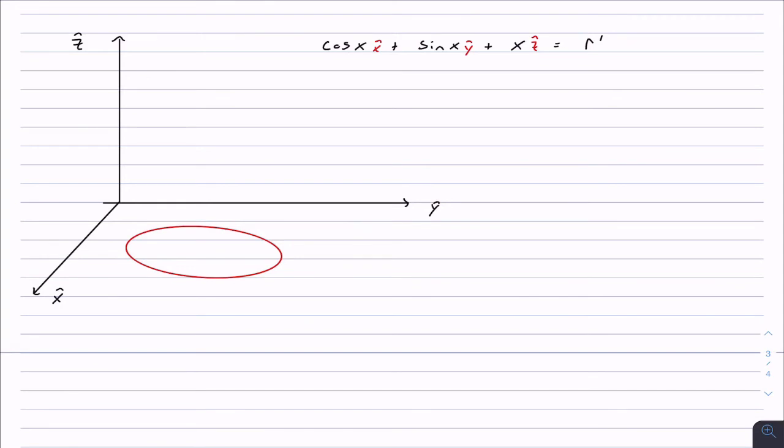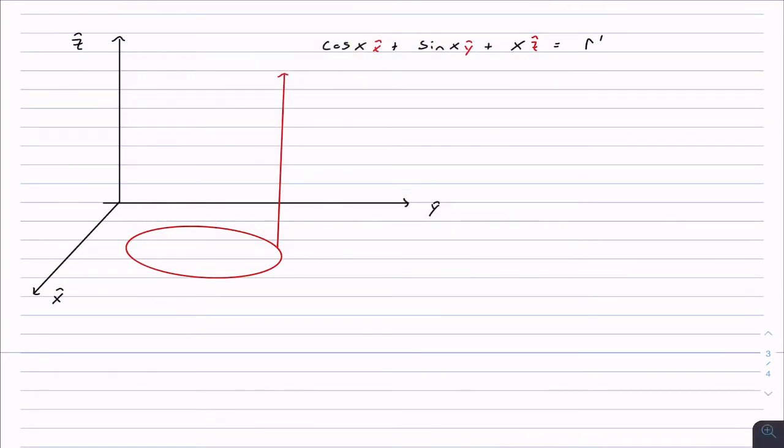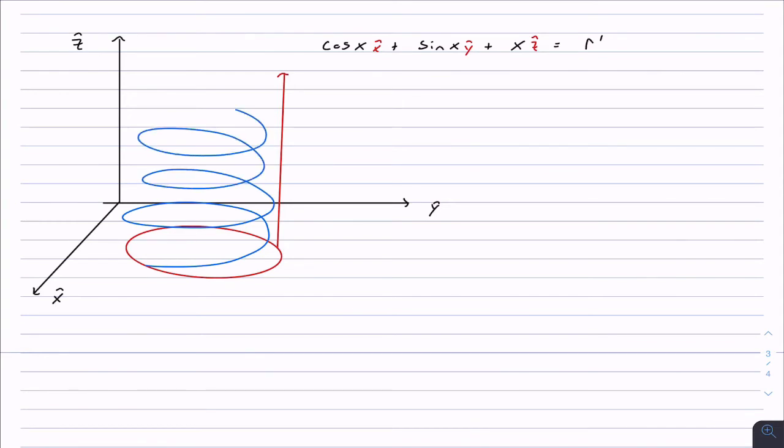So as x increases, this is also going to increase upwards, like this. As this thing moves in a circle, it's going to increase in height, forming a helix.